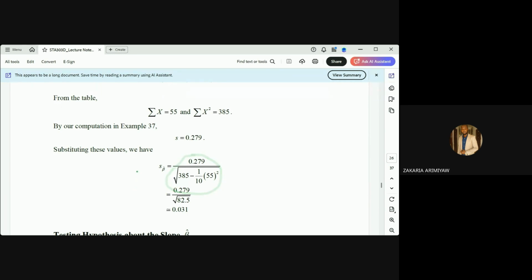After we have done the substitution, we evaluate and we get 0.031. 0.031 is close to 0. That tells us that the beta that we estimated is a reliable estimate, because the standard error is a small value. So the estimate is what? Reliable.